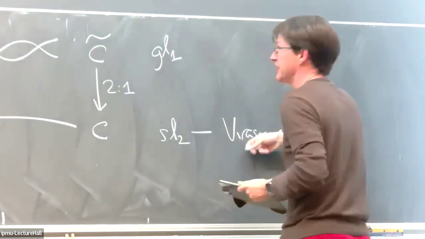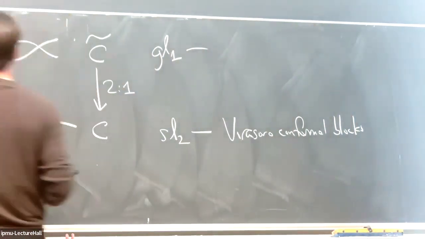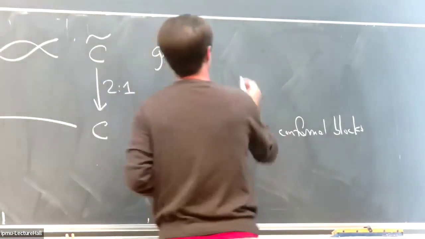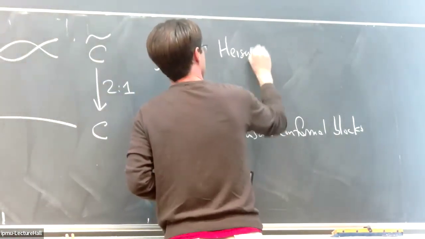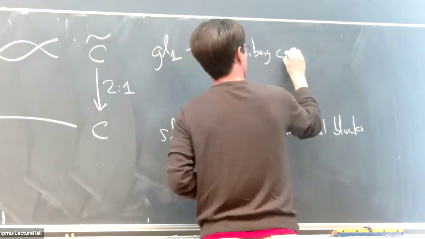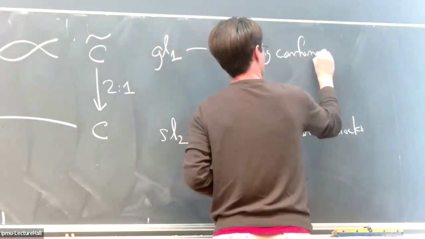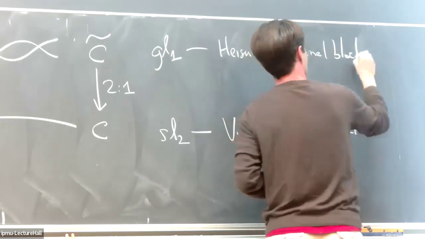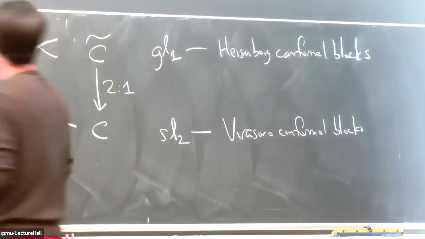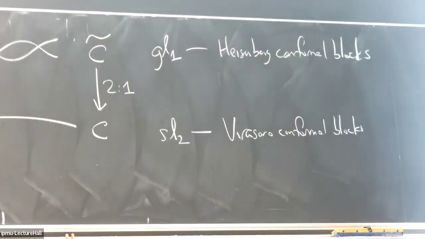These are the objects which we want to construct. And we'll relate them to something that has to do with GL1, something easier, called Heisenberg conformal blocks. So that'll be the game.